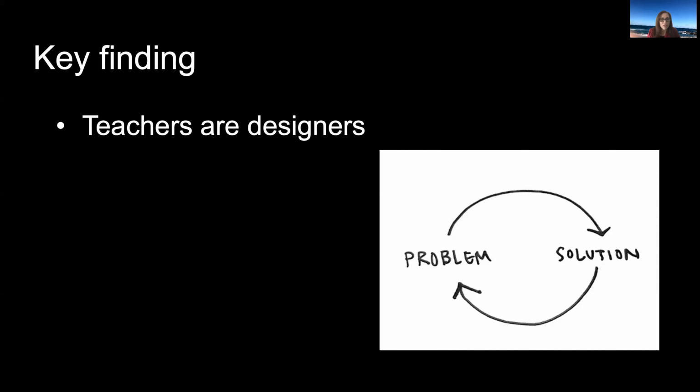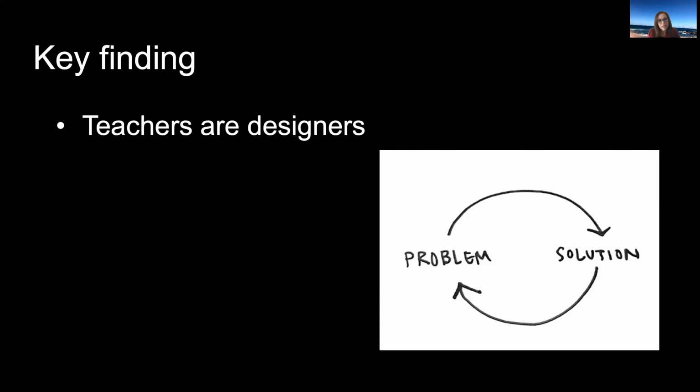Like all designers, teachers are constantly engaging in a problem to solution type of thinking. So designers start with identifying a problem and developing their own understanding of it. They then move into cycles of thinking through possible solutions, checking how these fit with the context, and then adapting and refining to find the best way forward.